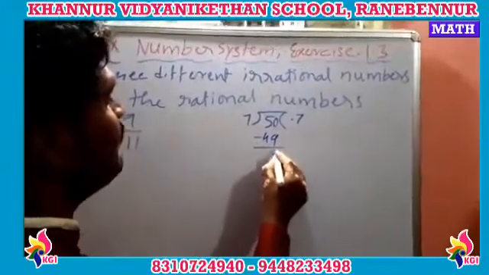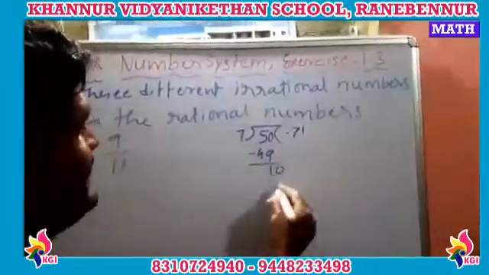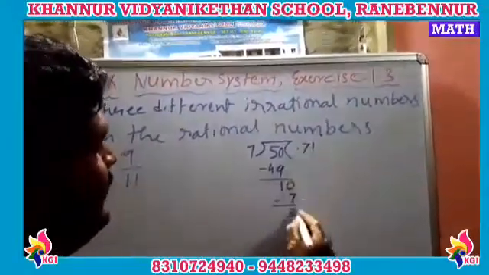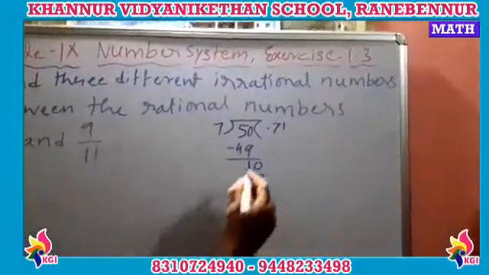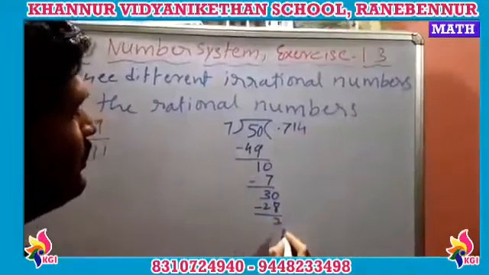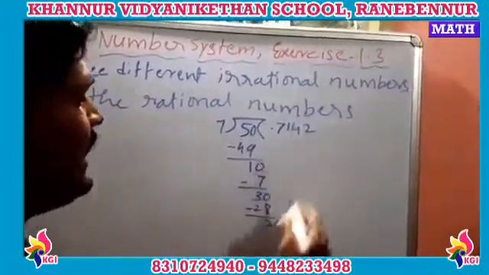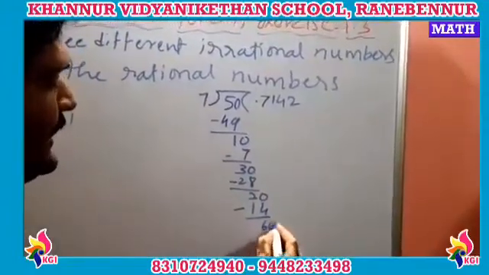Remains only 1. I already put a point, now I can take a 0. 7 1s are 7, remains 3. Take a 0. 7 4s are 28, remains 2. Take a 0. 7 2s are 14, remains 6.